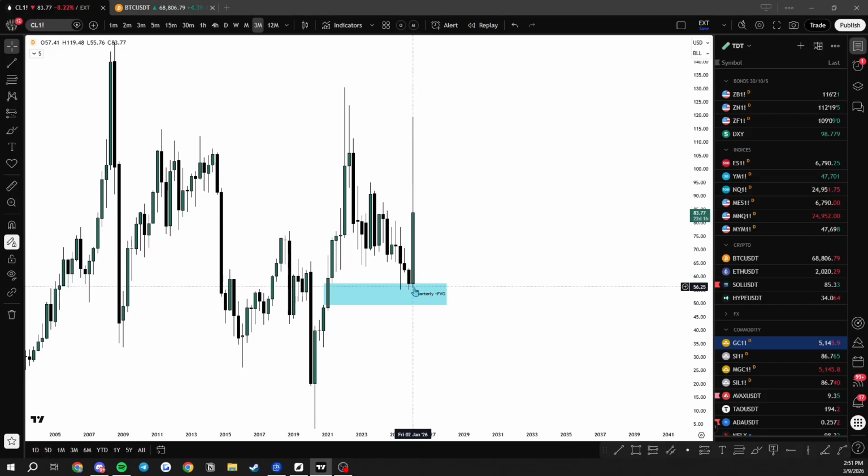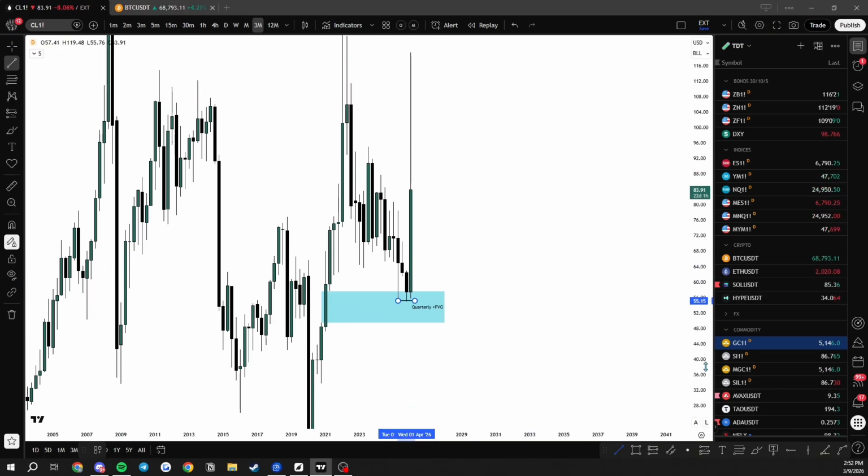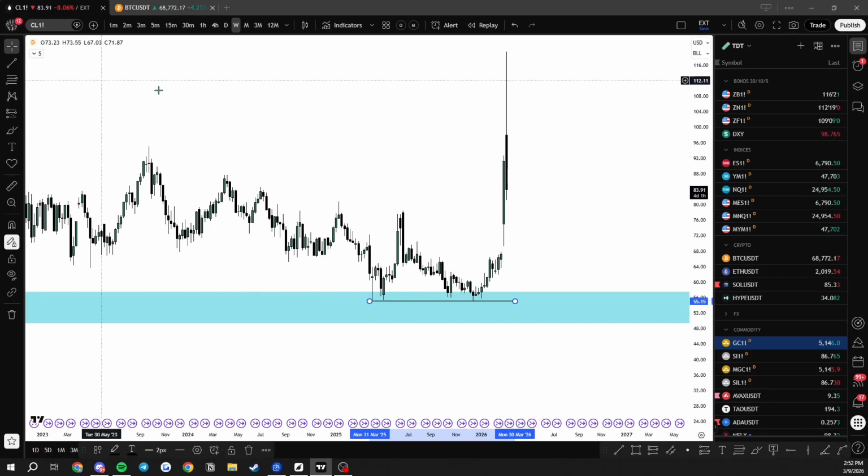We hit that quarterly fair value gap. We had this sweep, candle 1, 2, and then here's candle 3. We didn't get a mechanical closure of candle 2, but we don't always need that. It's just another variant.